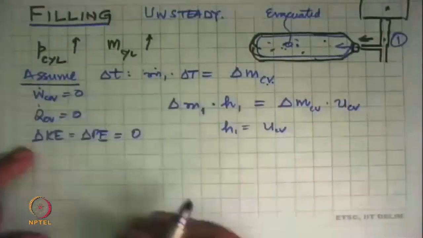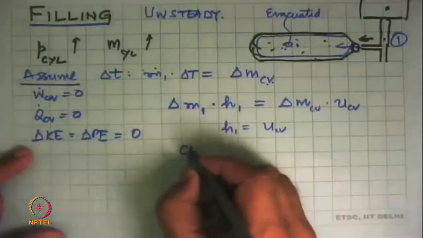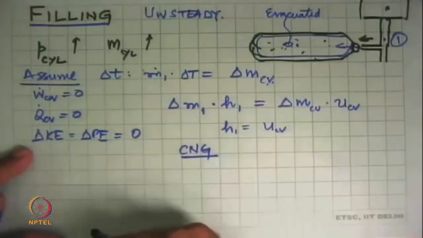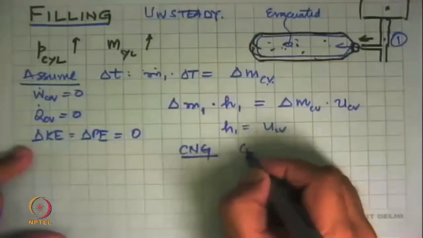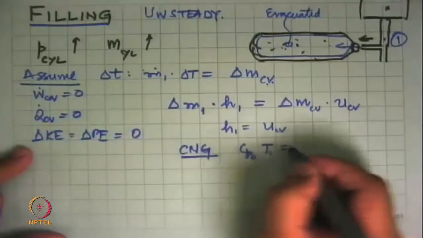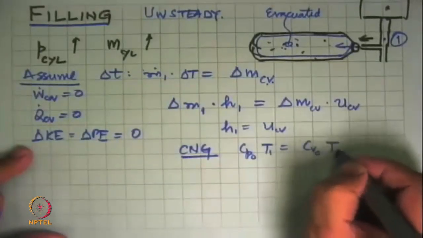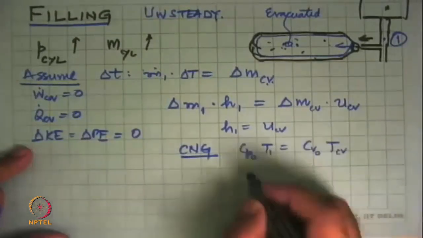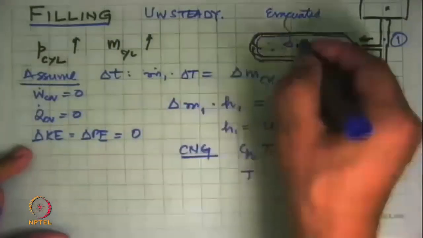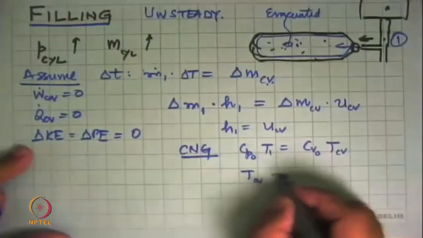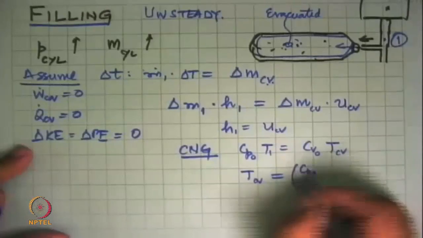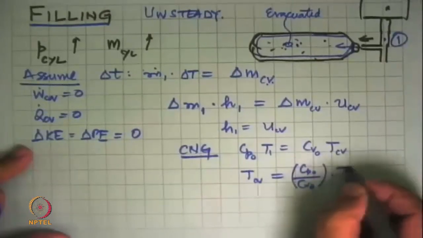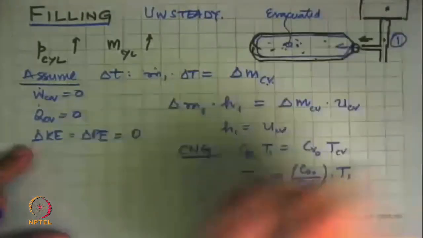And what does this tell us? If we are looking at CNG, which is methane, H1 we can say is Cp0 T1, and this is equal to Cv0 T CV. It tells you that the temperature of the gas inside the control volume, T CV, will be Cp0 by Cv0 multiplied by the temperature here.